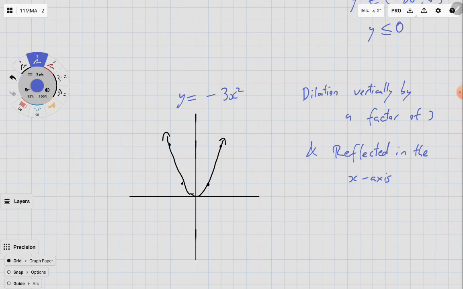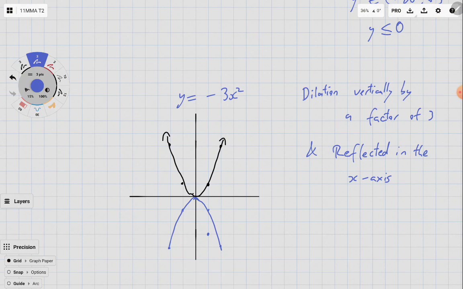The reflection's easy. It goes from being a happy face to a frowny face. But to combine with that, it's also going to get a lot steeper because it's been vertically dilated, meaning stretched this way. So this point here that was at 1, 1, or sorry, 1, negative 1, is now going to be at 1, negative 3.